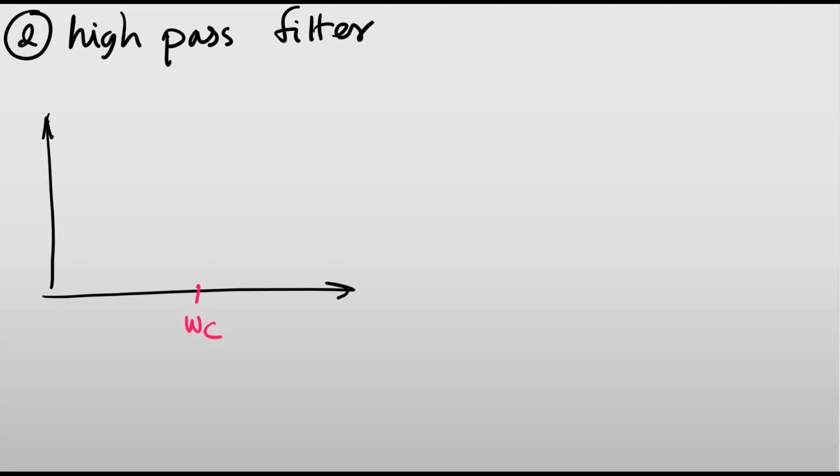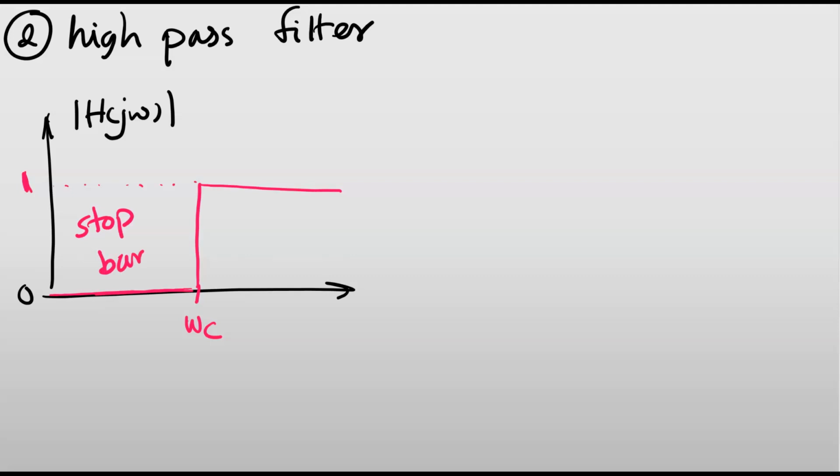If our frequencies are smaller than this cutoff frequency, then the magnitude of H at j omega is exactly equal to 0 in an ideal high pass filter, and after this frequency it's exactly equal to 1, and 1 means the signal can pass through this filter completely without any drop in magnitude. So here we have the stop band, and here we have our pass band.